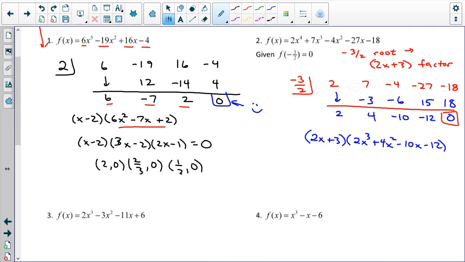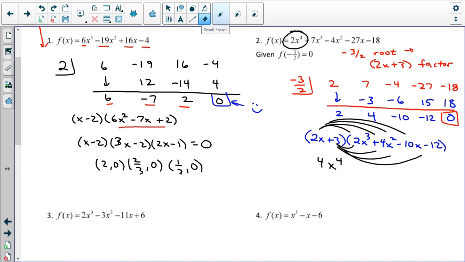It is wrong because if I distributed this out, and I'm not going to distribute it all out right now, but if I distributed this all out, I would get 4x to the fourth. Notice that I had 2x to the fourth. I can't get 4x to the fourth.